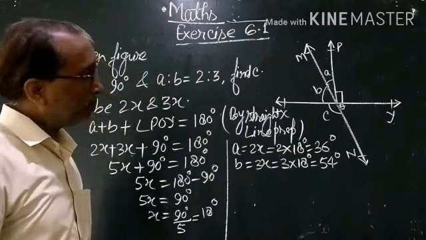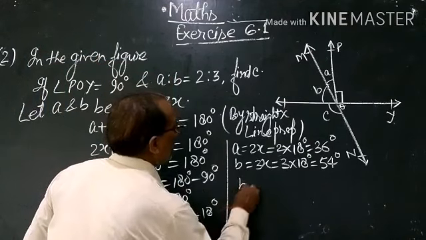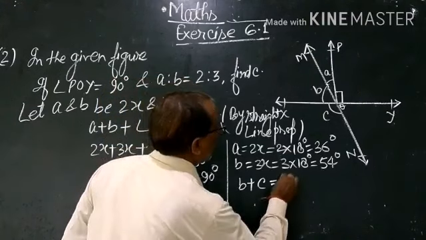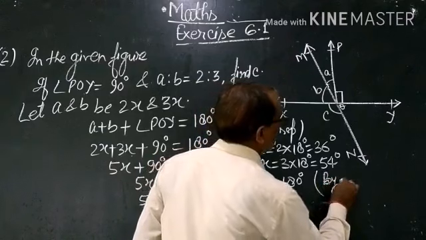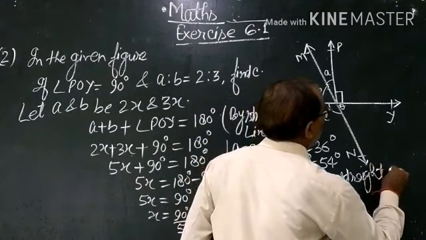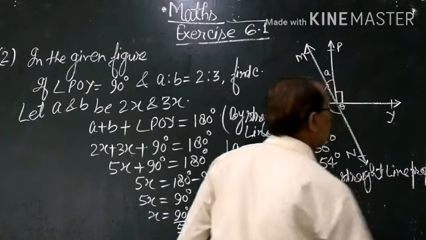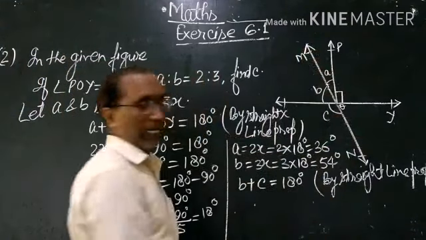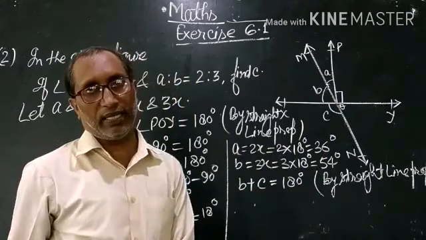Now you find the value of C. Then you write down B plus C is equal to 180 degrees by the straight line property. Because MN is a straight line, the sum of these two angles is 180 degrees.